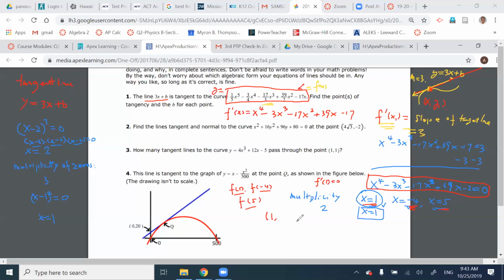You go table set, start at 1, increment by 1, doesn't matter. We just need one value there. And then you go second function table. You can see the first value, F1 equals what? Negative 3.7.